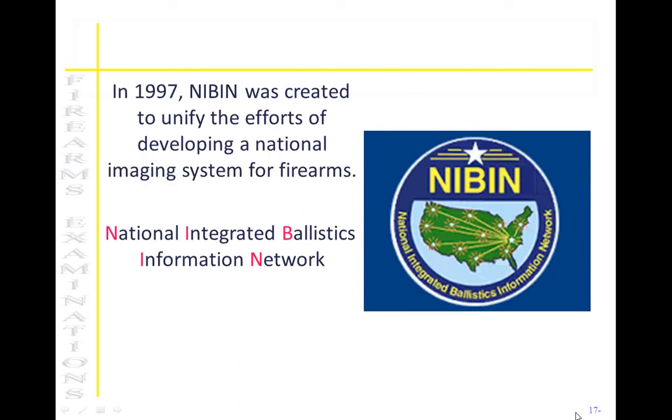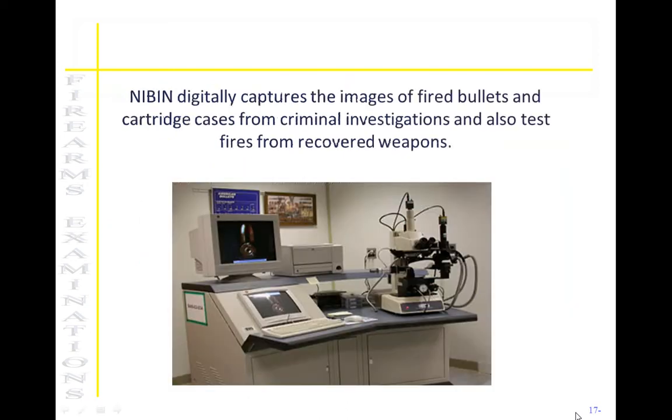However, in 1997, both of these efforts were combined, and they created the National Integrated Ballistics Information Network. NIBIN digitally captures images of fired bullets and cartridge cases from criminal investigations and also from test-fired samples from recovered weapons.